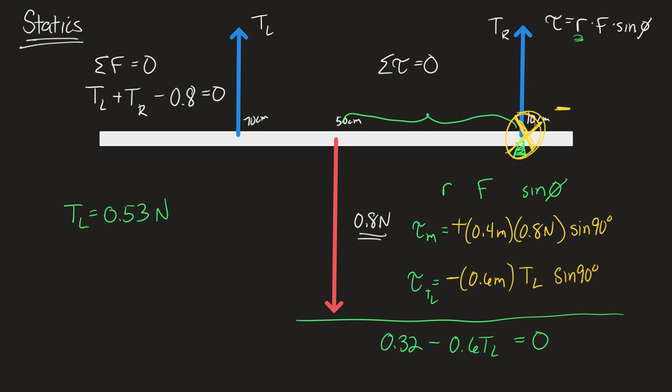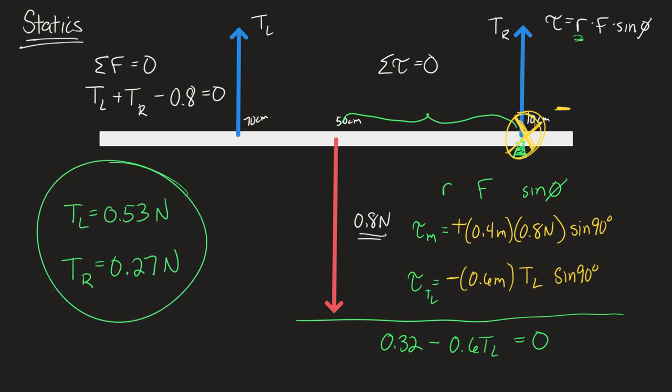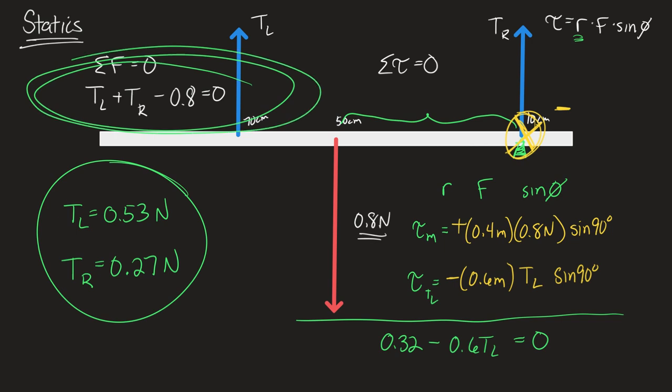Right here, we can figure out TR by going back to our force equation. So do that, please. Tell me what TR is. The sum has to be equal to 0.8. So what do you get, 0.27? Right?